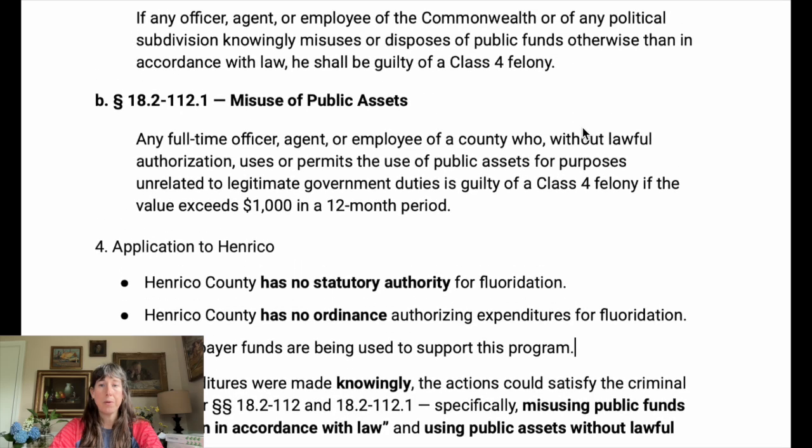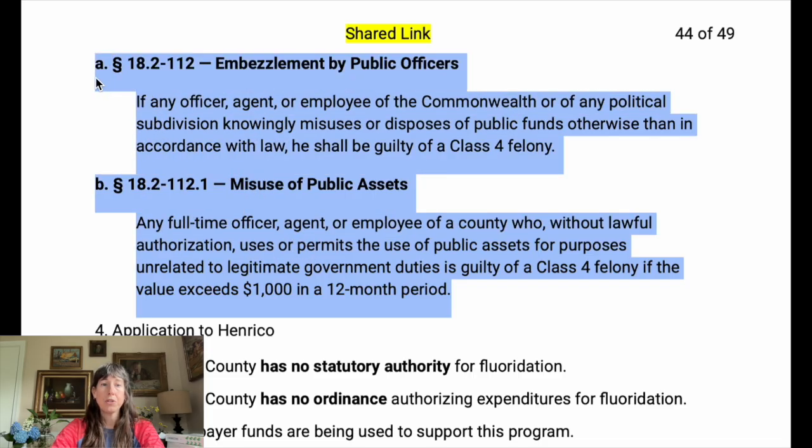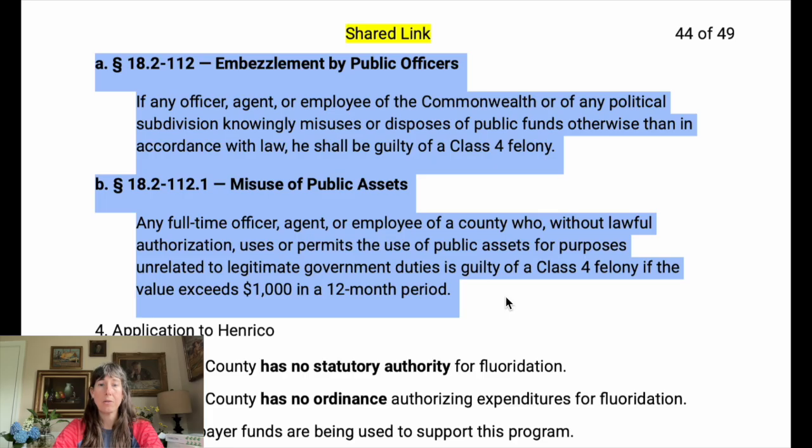Now, just so you know, in this cease and desist that I sent to Henrico, I'm asking them to please clarify if I am mistaken and you are allowed to have this fluoride program, please correct the record. For a year and a half, they have not corrected the record and pointed to any law that authorizes them to do it.